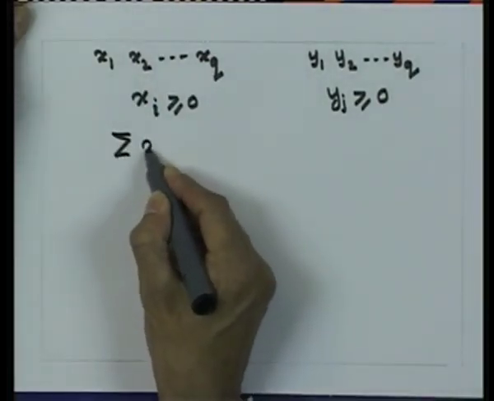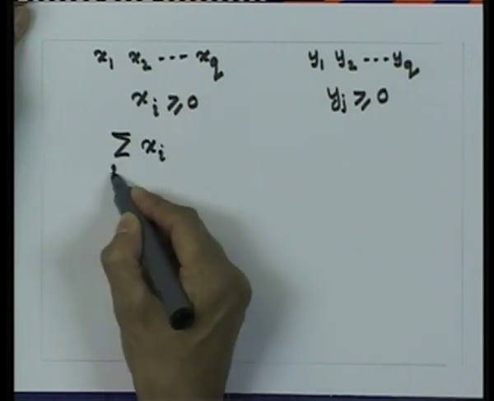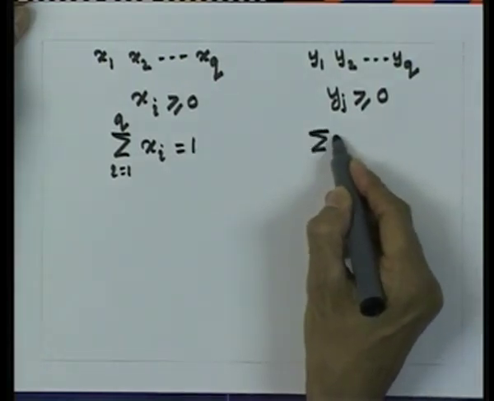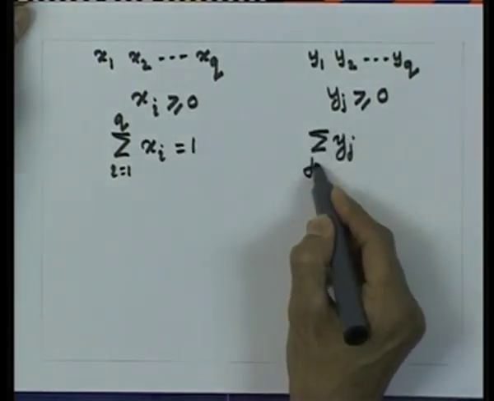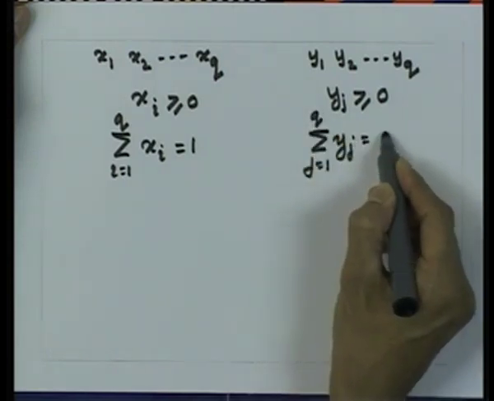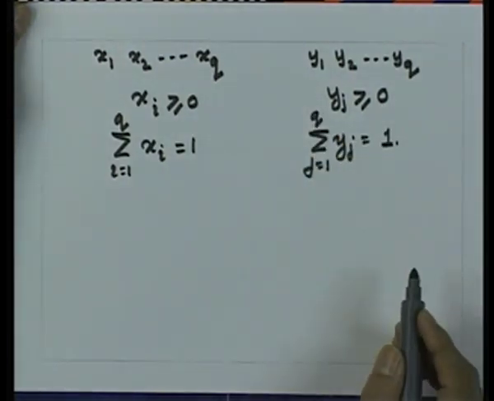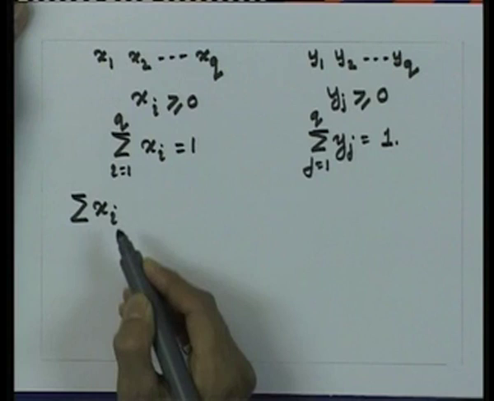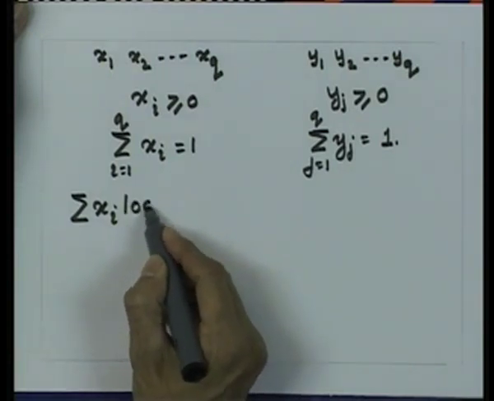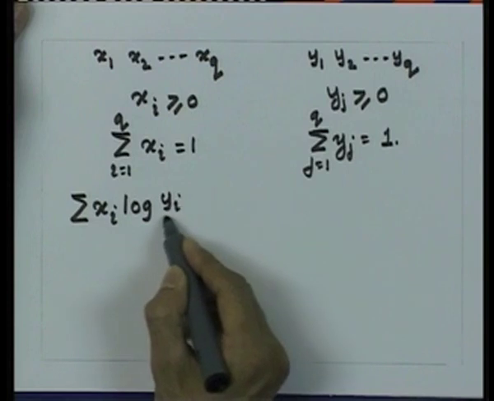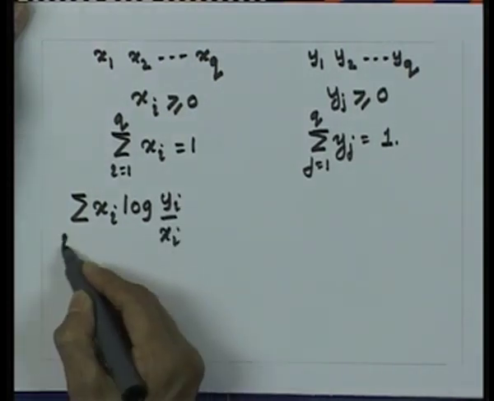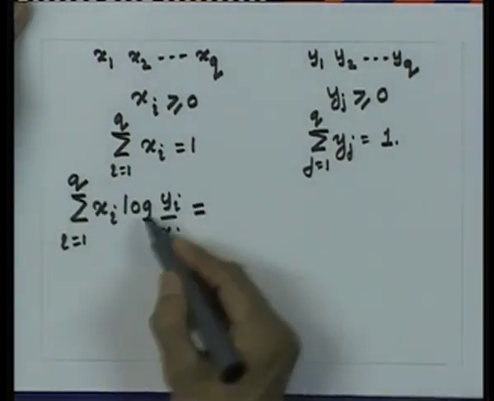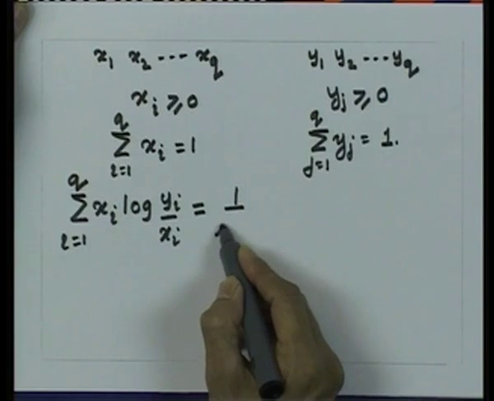Since these are probabilities, the summation over i from 1 to q will always be equal to 1, and this summation out here would also be equal to 1. Now, let me take a simple expression, log.